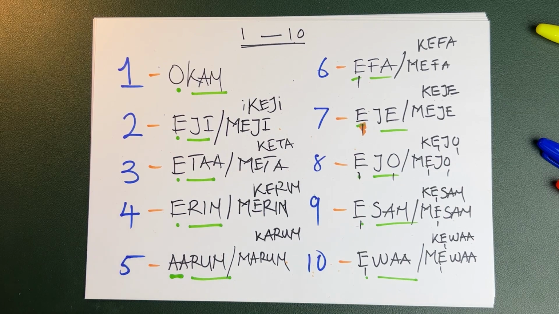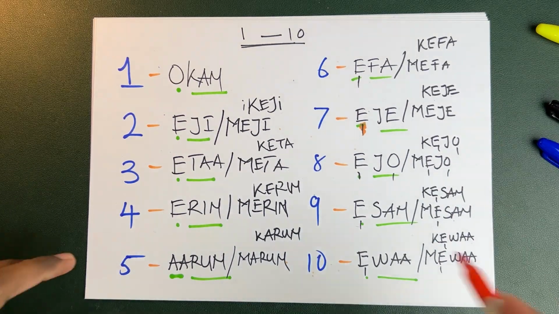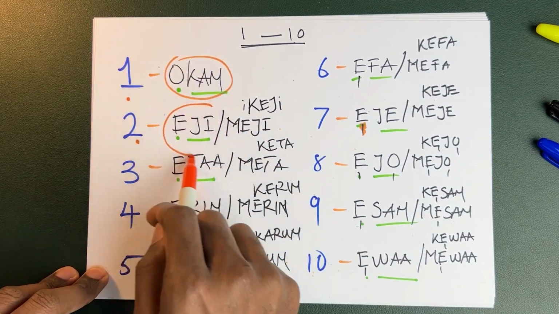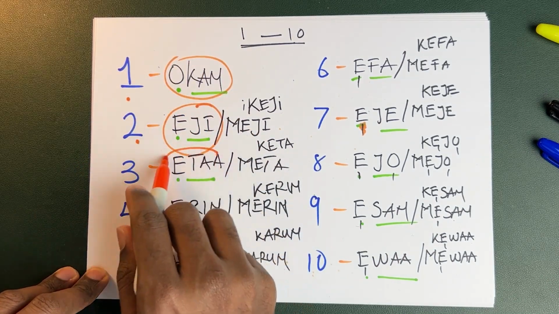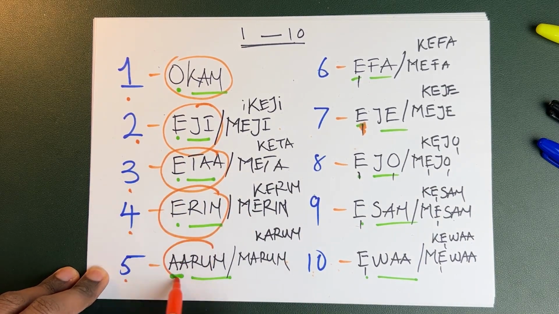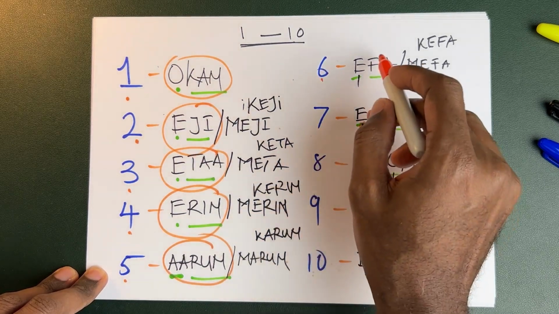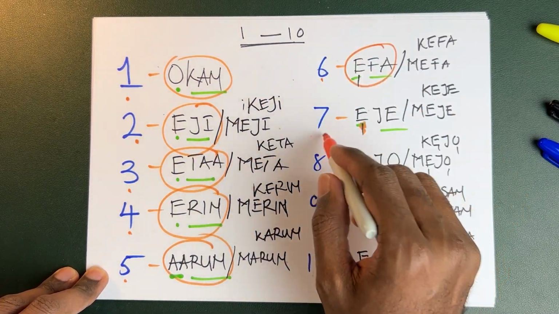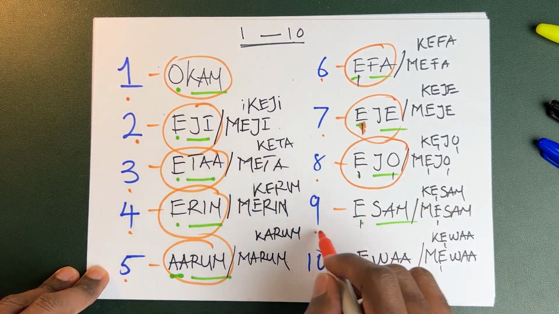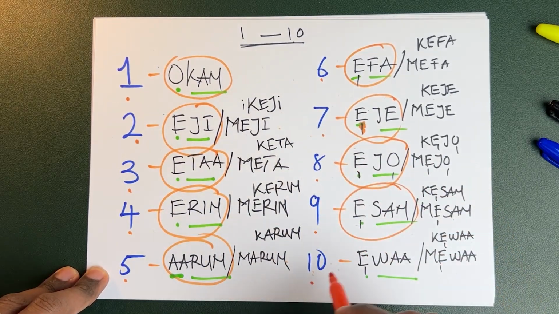All you need to remind yourself, or all you need to practice, is 1 Ọ̀kan, 2 Èjì, 3 Ẹ̀ta, 4 Ẹ̀rin, 5 Àrún, 6 Ẹ̀fà, 7 Èje, 8 Ẹ̀jọ, 9 Ẹ̀sán, 10 Ẹ̀wá.